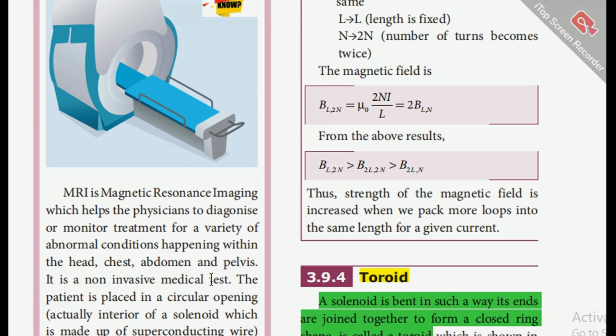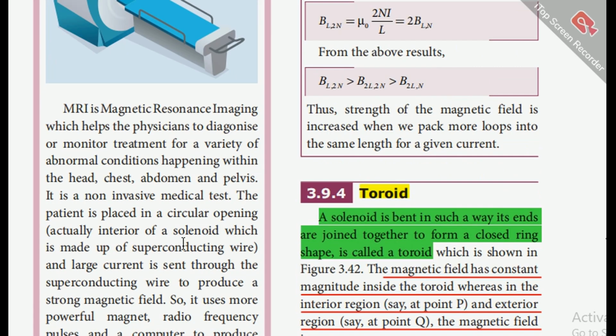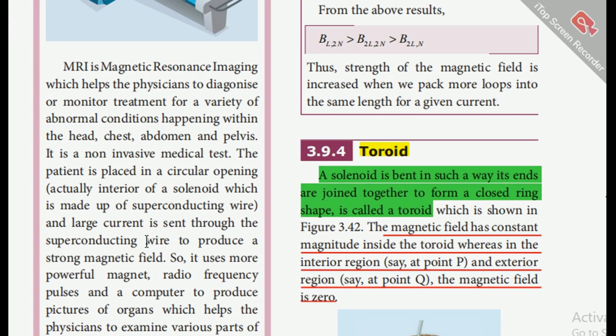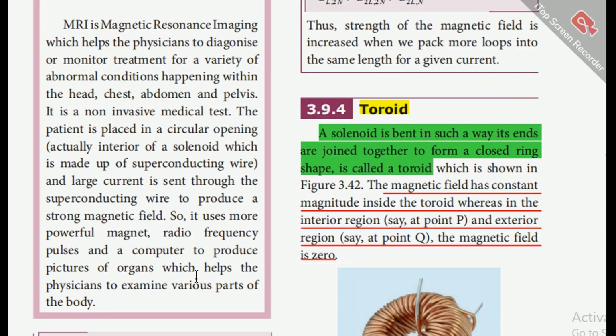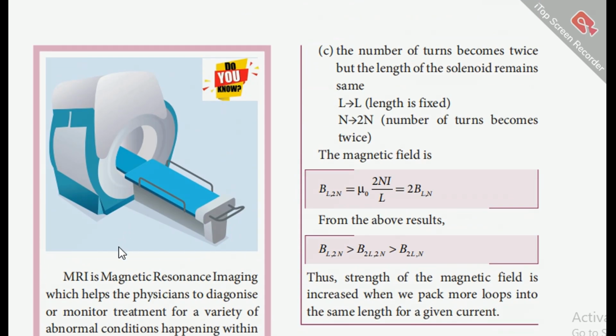So by using this medical test, it is possible to detect any problems in the human body. This is a solenoid made up of a superconducting wire, which carries a large current to produce a strong magnetic field. Using that magnetic field, it is possible to examine various parts of the body, which is called MRI, which is magnetic resonance imaging.